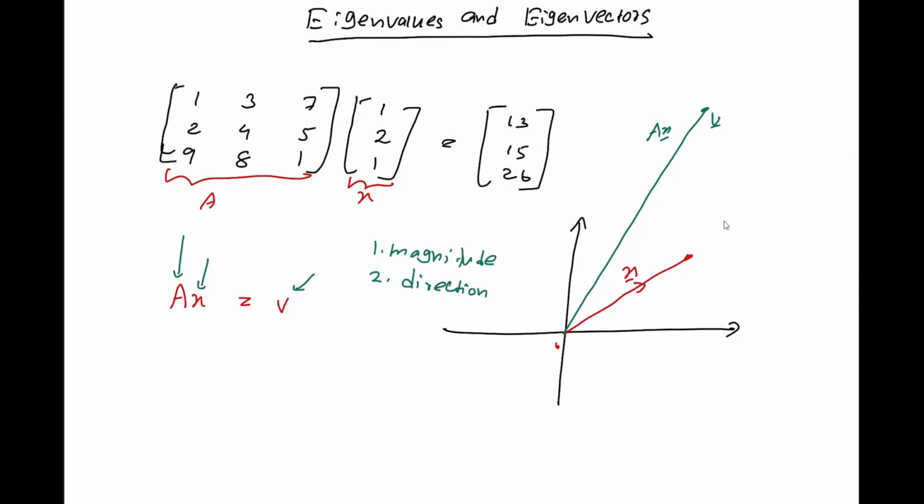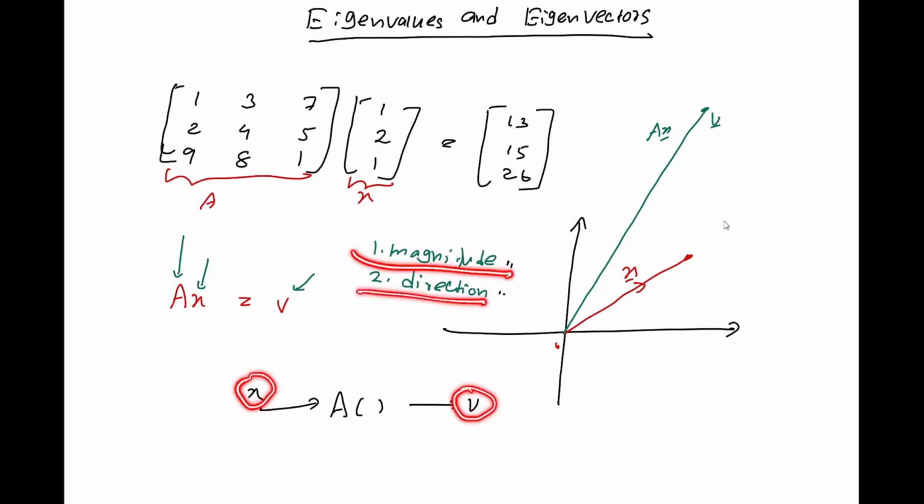So if you multiply this vector with a matrix, either of these two can be changed. You give some vector, and you get another vector. If you compare the two vectors, you can compare their magnitudes and their directions.